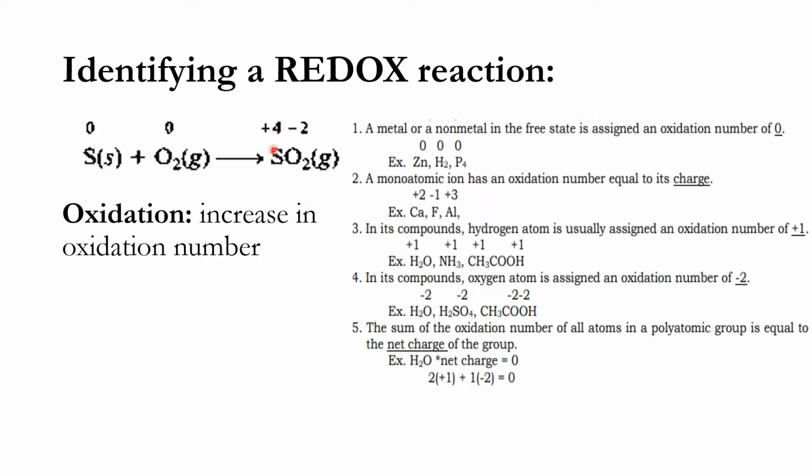Oxidation is true for an atom that did increase in oxidation number. So if sulfur increased in oxidation number after the reaction, then sulfur is the one that undergoes oxidation, or is oxidized, in the reaction.